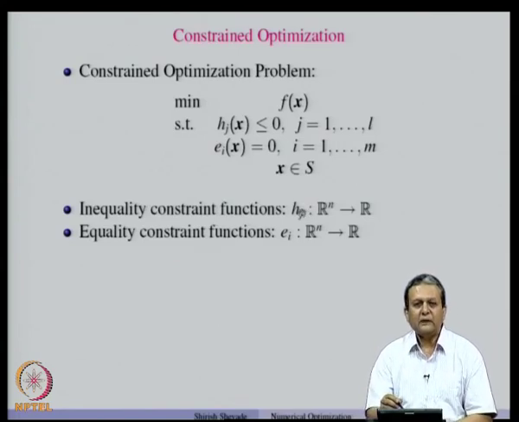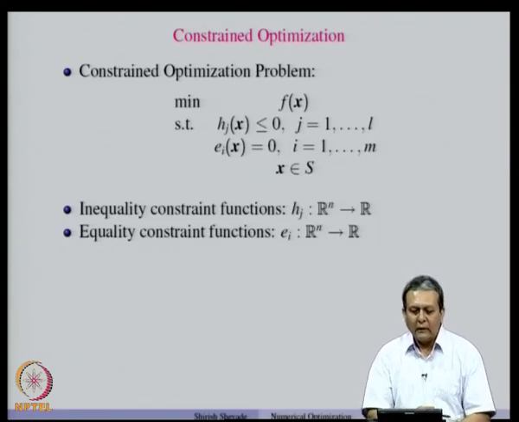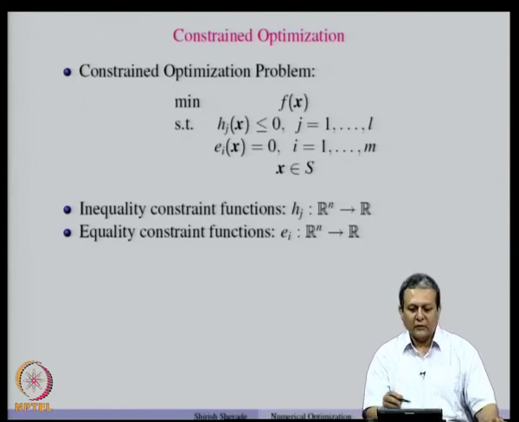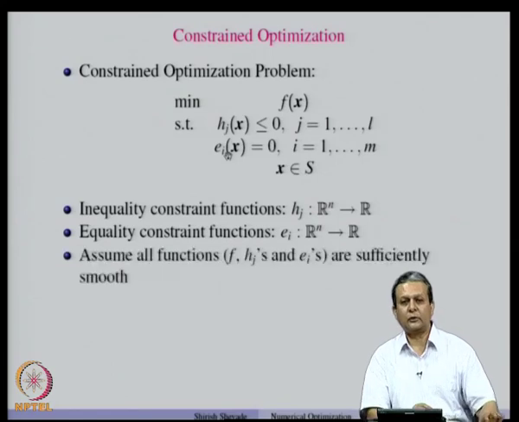So, the inequality constraints in this course we are going to denote by Hj, and all Hj's are functions from Rn to R, and all equality constraints we are going to denote by Ei, where Ei again is a function from Rn to R. Now, we will assume that f, Hj's and Ei's are all smooth.